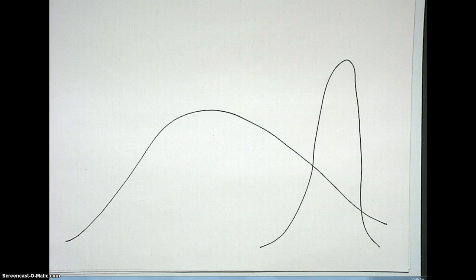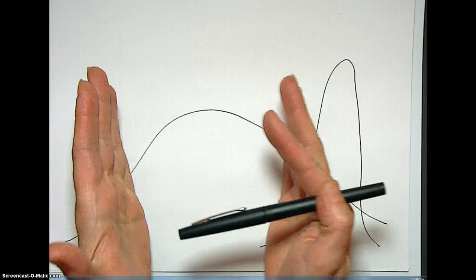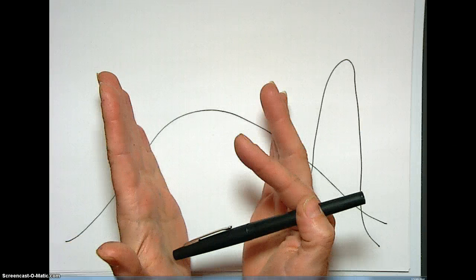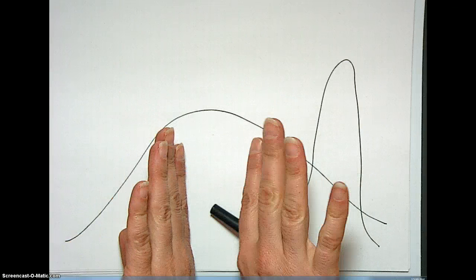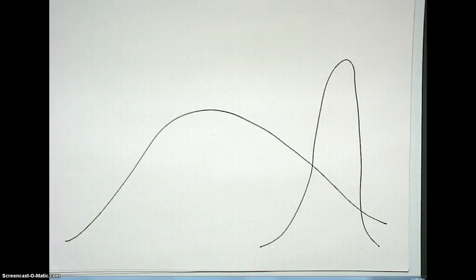But so that's the no numbers version of the normal curve. In the middle of any normal curve is kind of average-ish. Over here is above average, over there is below average, whatever you're measuring, but that is what the normal curve does. And the standard deviation tells you how much variation.